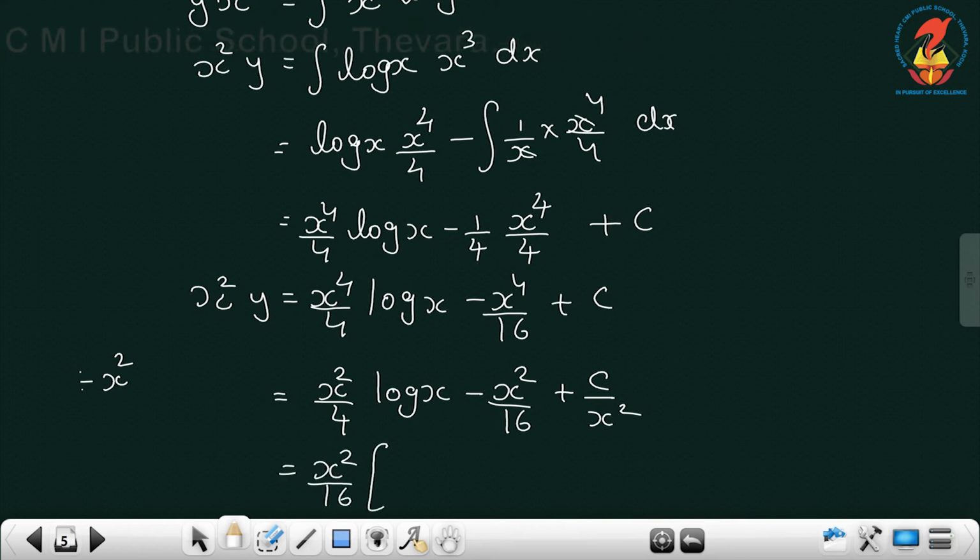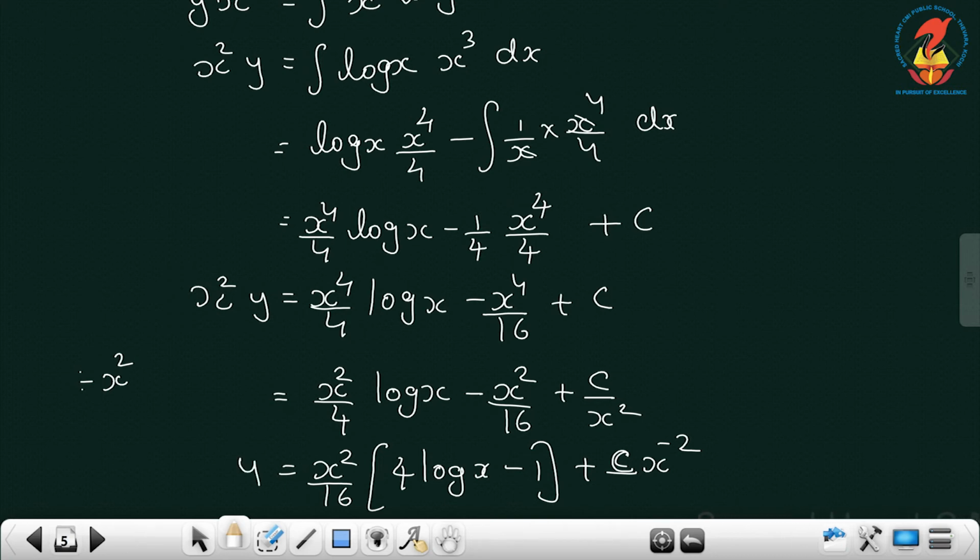When we take it outside, it is 4 log x minus 1 plus c by x square, or c x raised to minus 2. Okay, that's enough. Here the left side is y. So this is the answer.